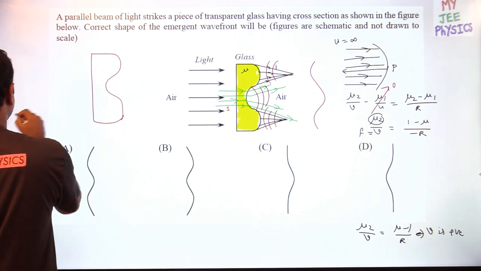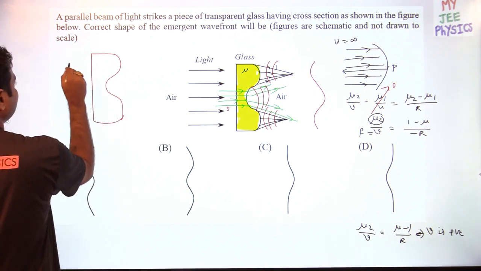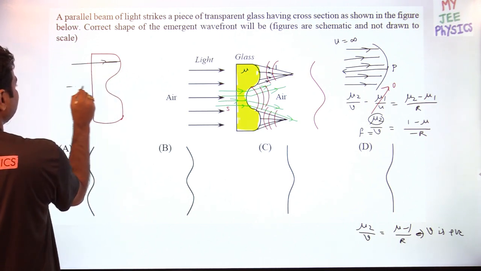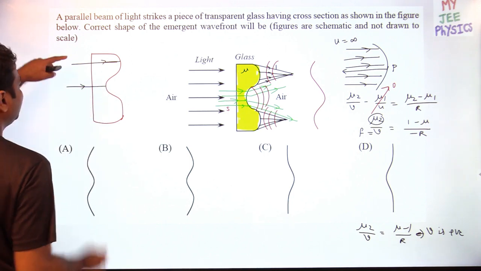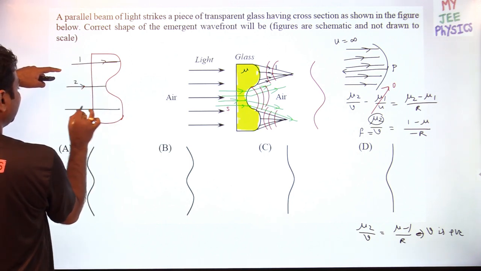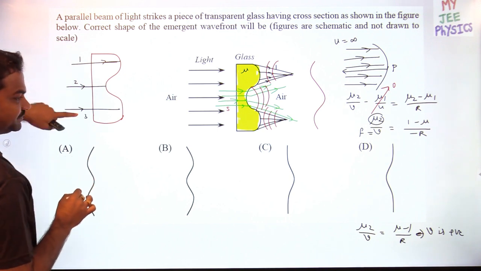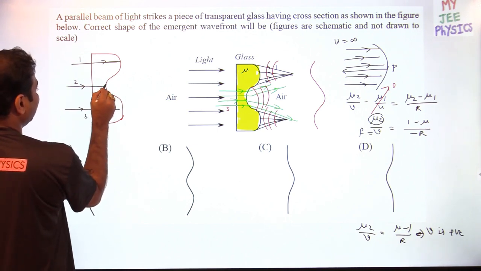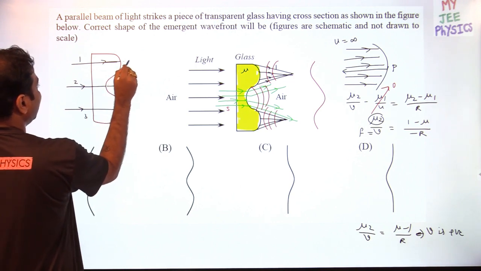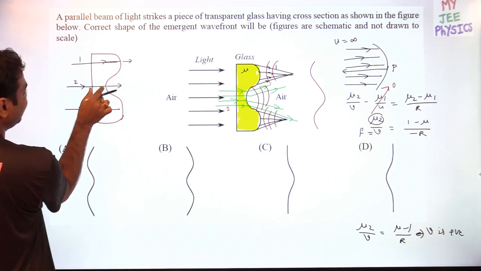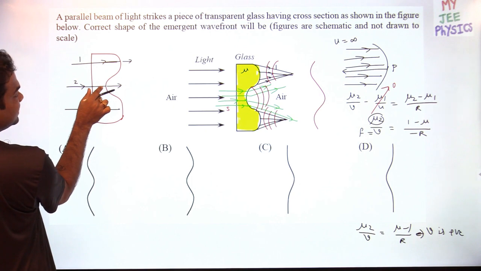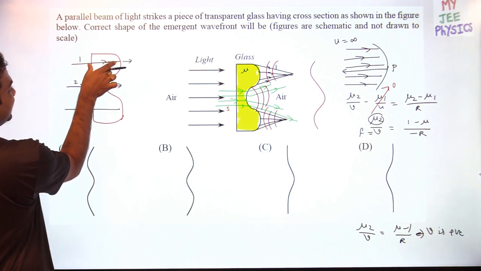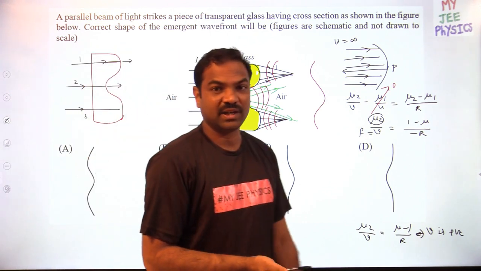Suppose I am comparing two rays, because the first and third rays will be identical. Now, which ray will come out first? The second ray will come out first, before the first ray, because it has to travel less length inside the material, but the first ray has to travel more length inside the material.